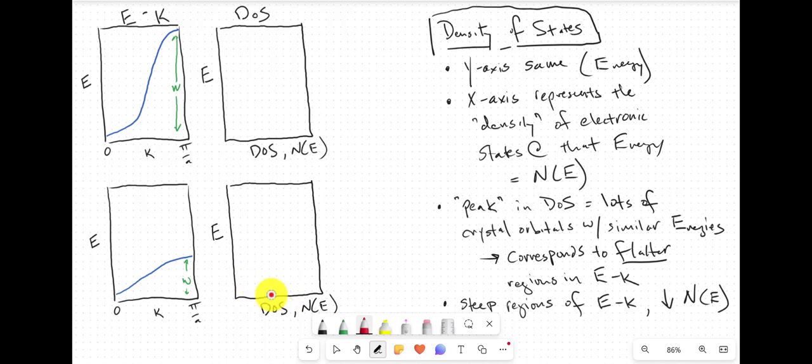What changes is the x-axis, which is the density of states. It is this thing that I just described: the number of those states per unit volume. If you have more of those states at that energy, then it would be increasing to the right on the x-axis. So the energy is still the same, but the number of states represented at each one of these points is increasing.